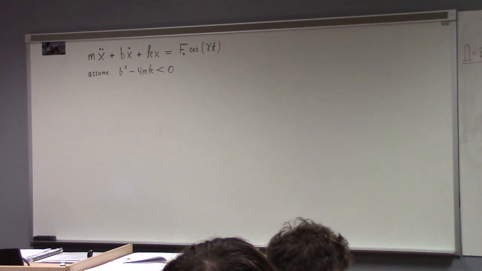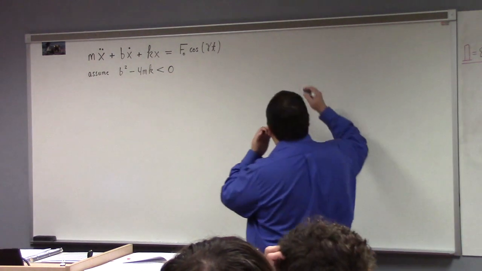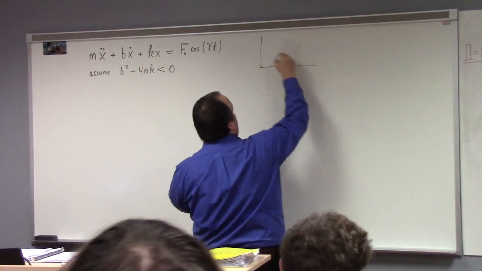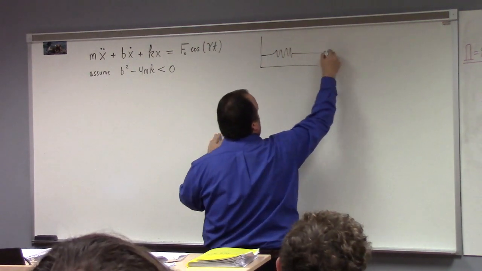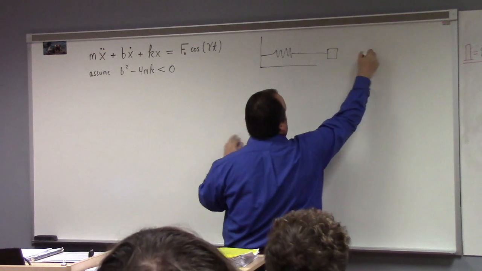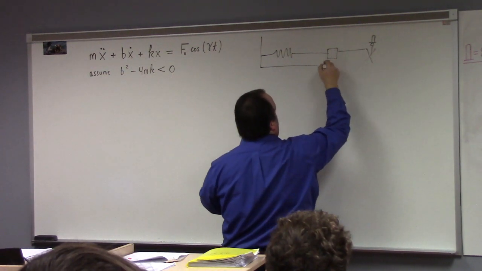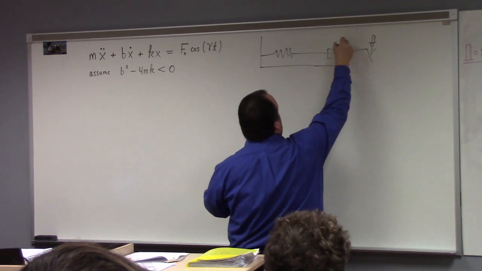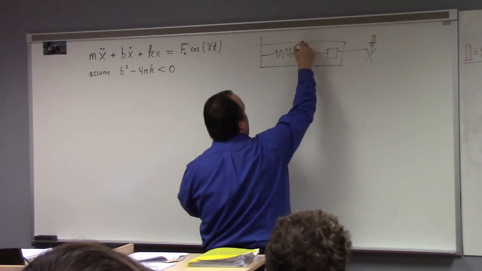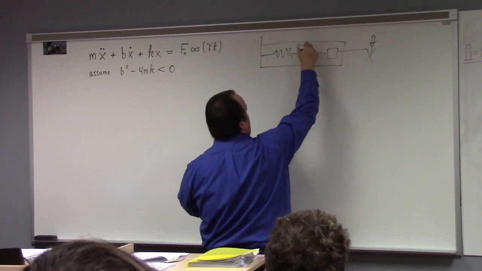So the idea here is that you've got a spring, and then there's a mass, and then you've got Mr. Top Hat over here, and he's pushing and pulling on this thing that's in oil. However you want to think about the friction coming from, I'm just going to stick it in oil.